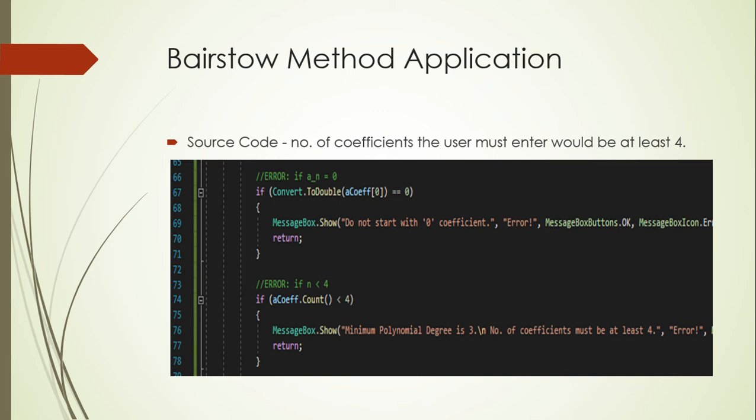If the first coefficient is 0, the program will throw an error, so it will not calculate any polynomial that starts with a 0 coefficient and returns to the application. If the number of coefficients is less than 4, we also throw an error, so the program will also not run. The error will say that the minimum polynomial degree is 3. Hence, the number of coefficients we can enter must be at least 4.